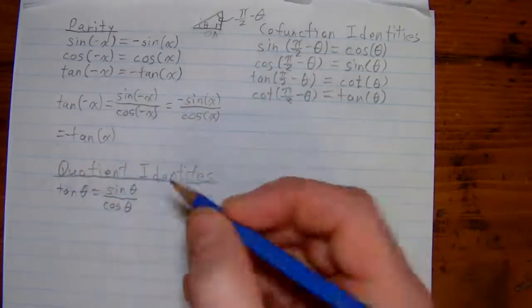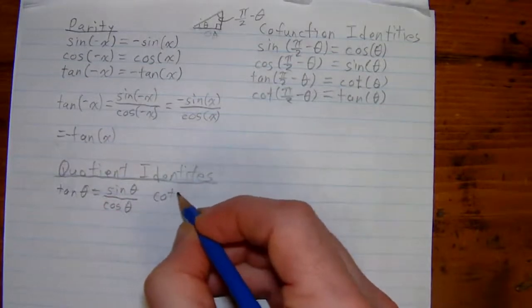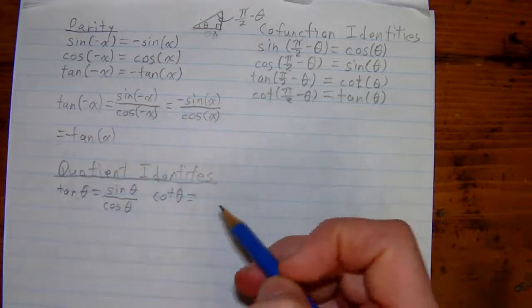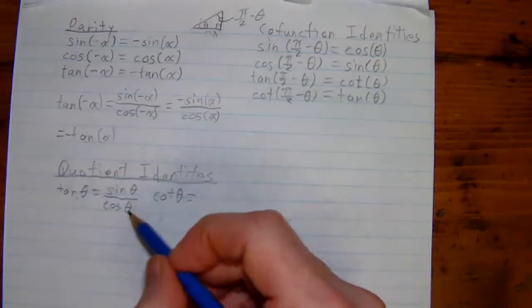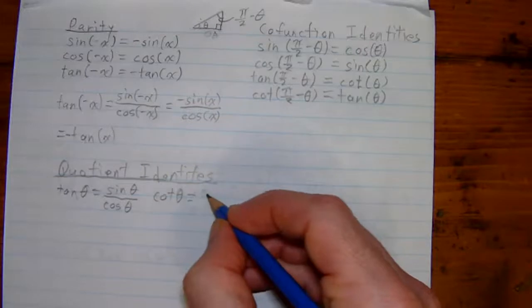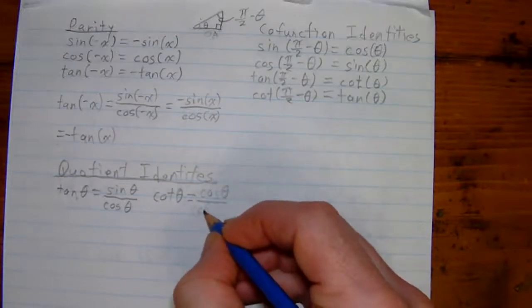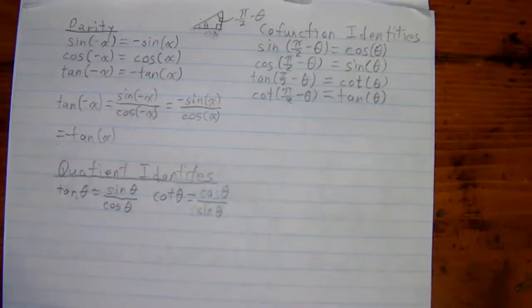And it's called a quotient because we've got a division. Nothing complicated there. Cotangent theta, well, cotangent is 1 over tangent. And if you do 1 over a fraction, you end up just flipping the fraction. So cos theta over sine theta.